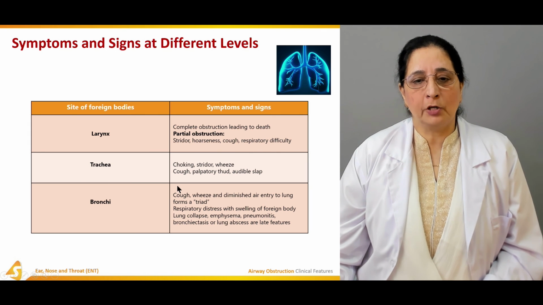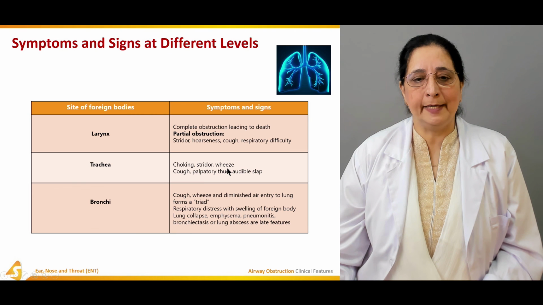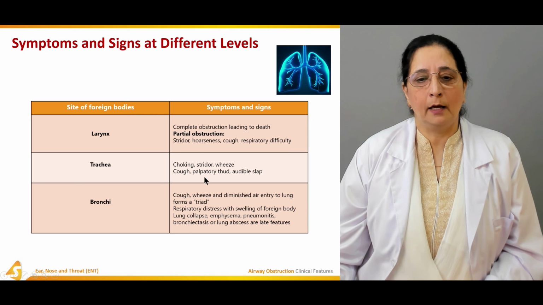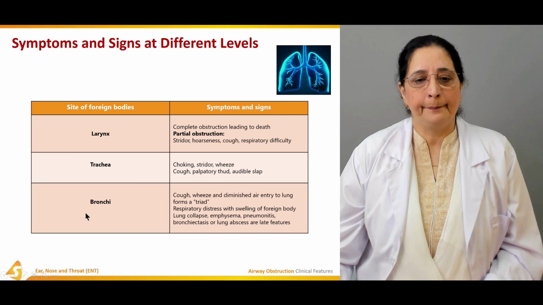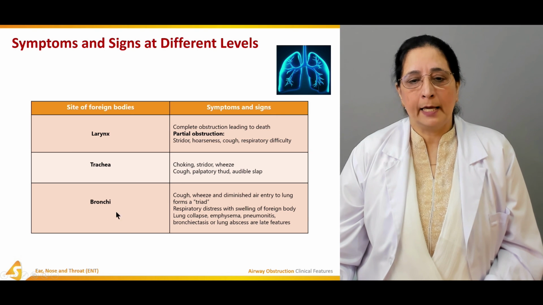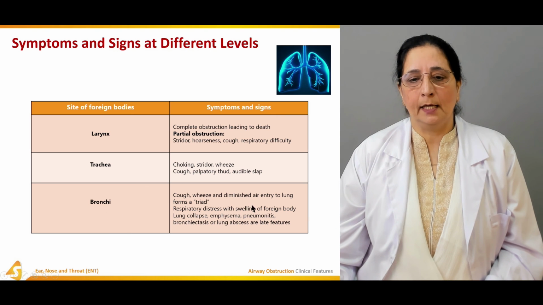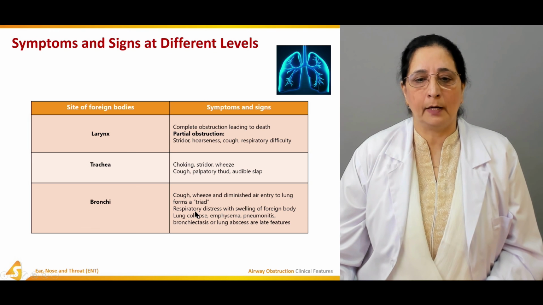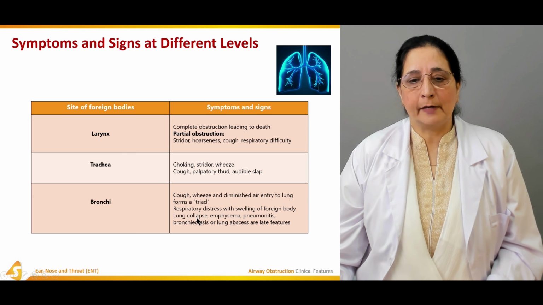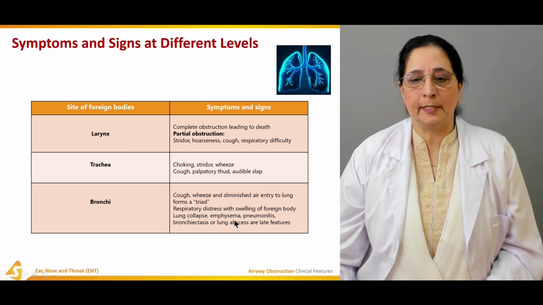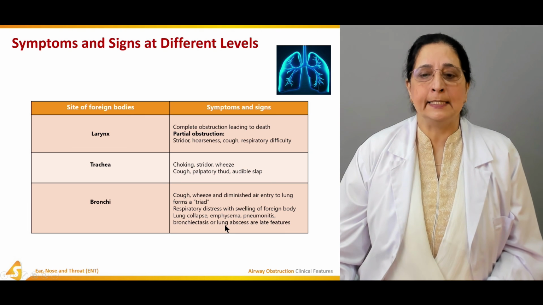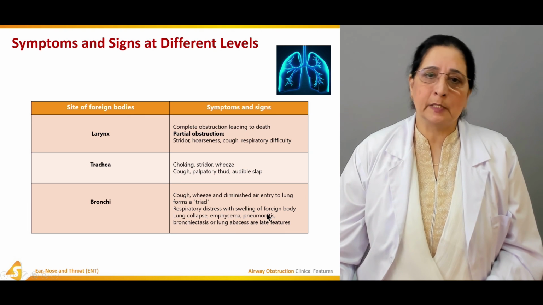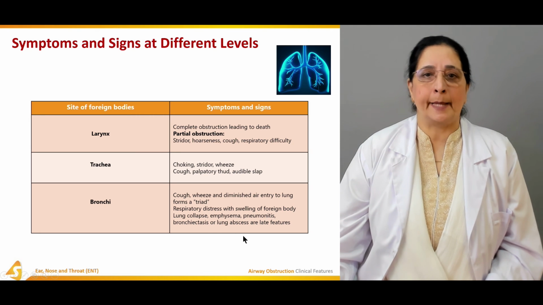The trachea can cause choking, stridor, wheeze, cough, palpatory thud, and audible slap. Then bronchi: cough, wheeze, and diminished air entry to the lungs form a triad. Respiratory distress with swelling of the foreign body, lung collapse, emphysema, pneumonitis, bronchiectasis, lung abscess.